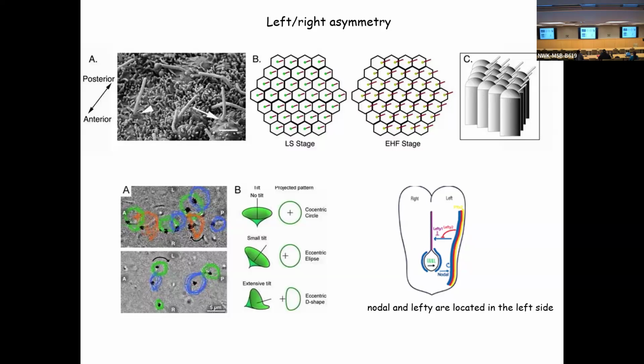What does this occasion in the embryo? What it does is it creates a gradient across the axis of symmetry from the left to the right, all right, on the fluid where the embryo is embedded in, okay? The cells rotate, they're a little bit tilted, that creates a gradient. And some of the factors migrate from the left to the right, and some of the factors migrate from the right to the left. And that's a simplistic but important way to understand how the axis of symmetry is somehow broken, okay?